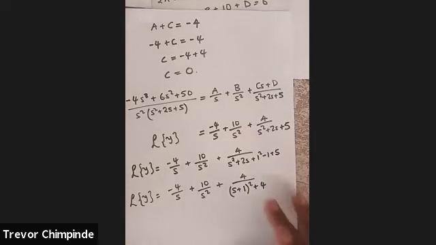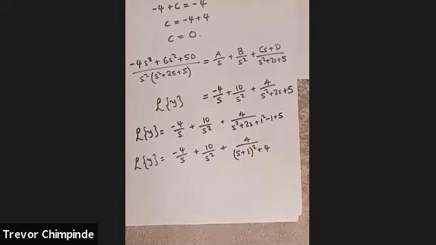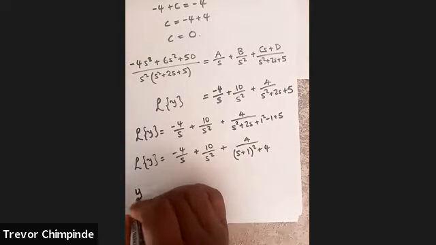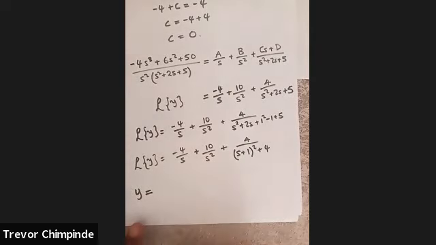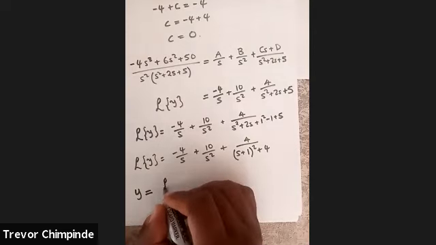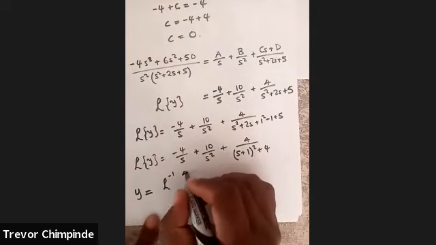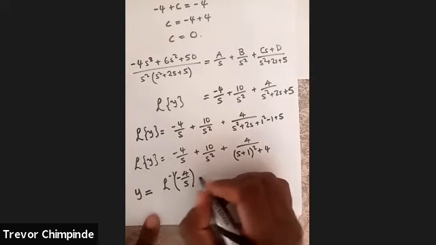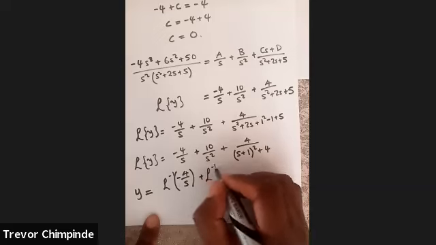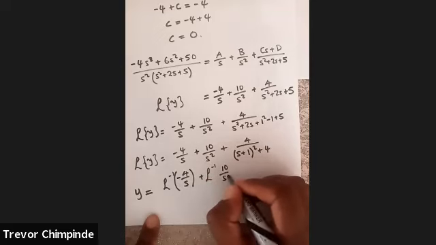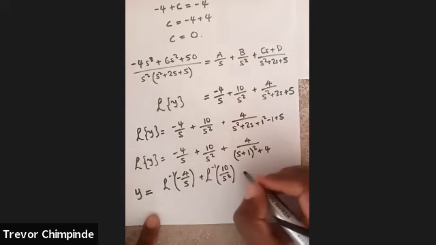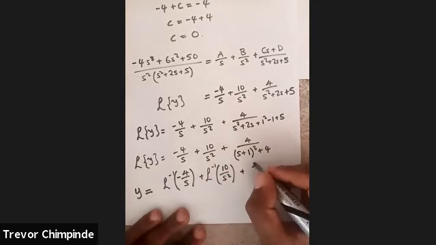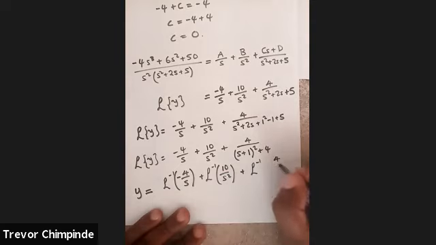Yeah, this looks good now. So y is going to be the Laplace inverse of negative 4 over s, the Laplace inverse of 10 over s squared, then plus the Laplace inverse of 4 over s plus 1 squared plus 4.